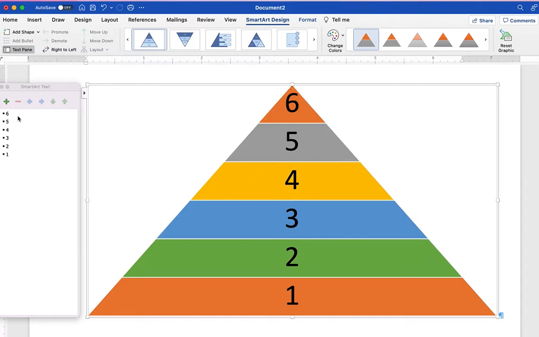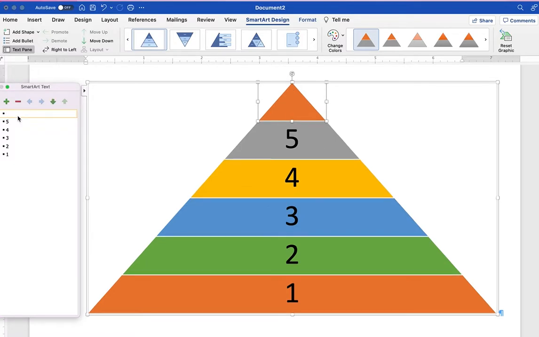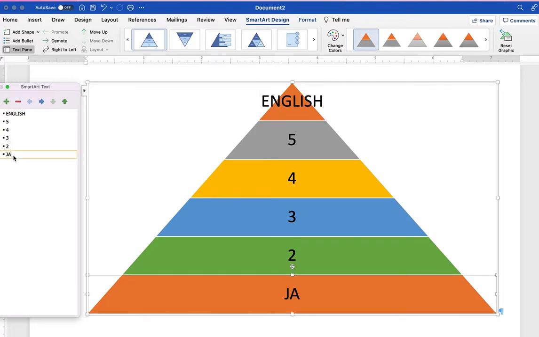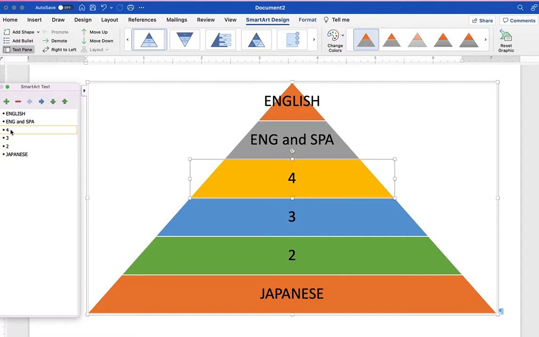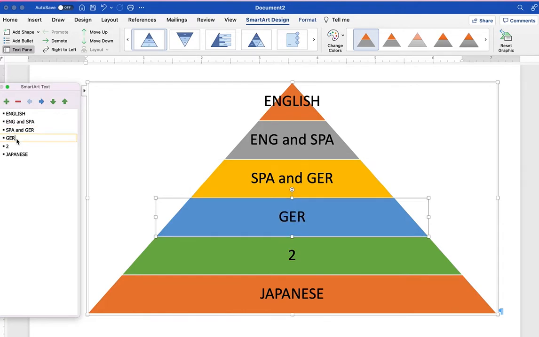And you wind up getting this sort of scenario where, if this were languages, let's just say we have English at the top, and at the bottom we have someone that speaks Japanese, but we don't have a direct intermediary that speaks both English and Japanese. So we have to find someone that speaks English and Spanish, and then we have to find someone that speaks Spanish and German, and then we have to find someone that speaks German and French.